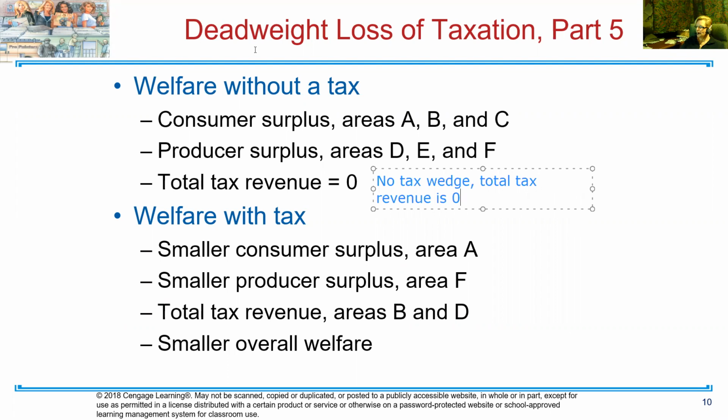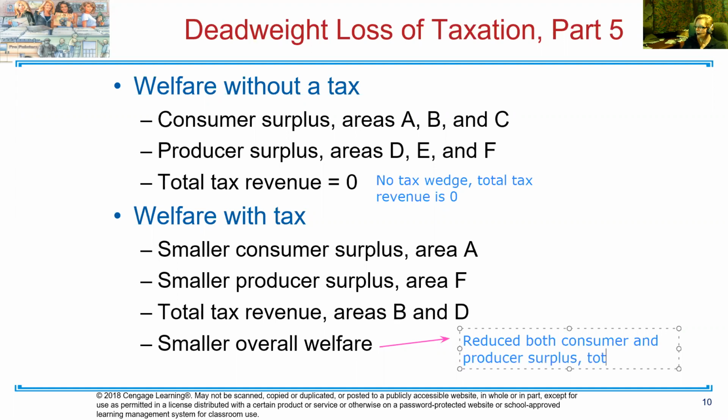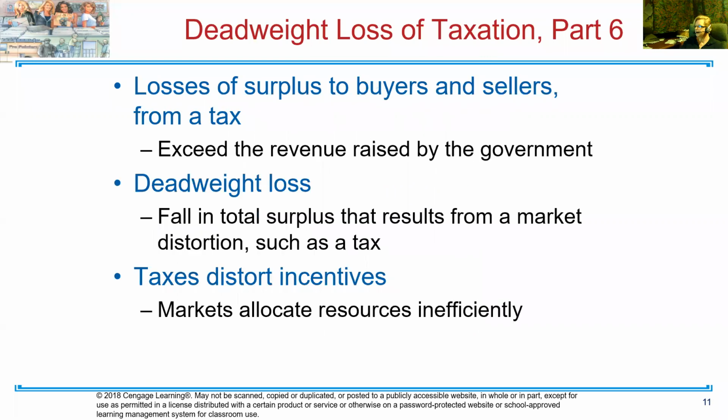Lastly, the other reason why we don't like this in terms of the idea of is this market efficient is that because we have reduced both consumer and producer surplus, total surplus is no longer maximized. Okay, so those are the two really important points to note on this particular slide.